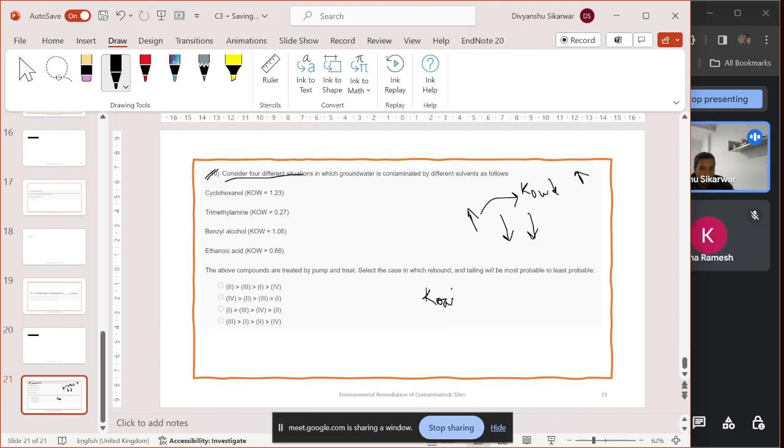If KOW value is low, it implies solubility is high. High solubility implies low tailing.